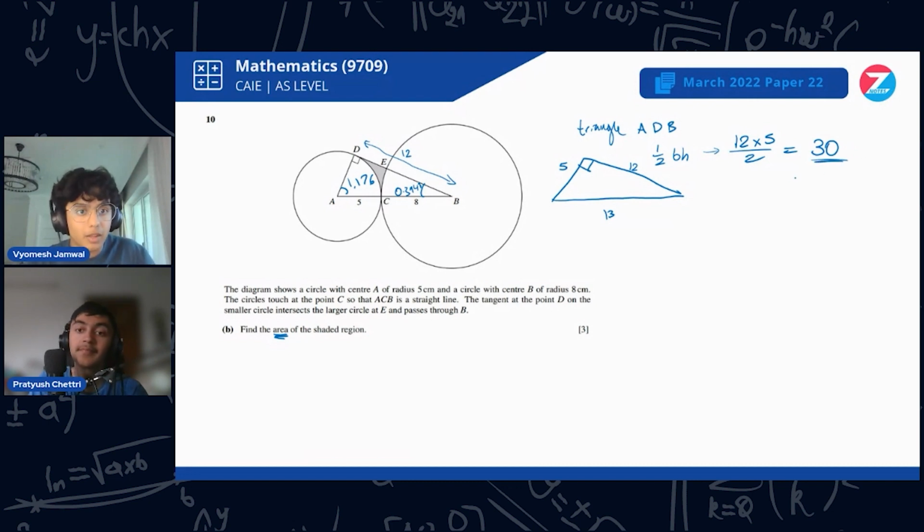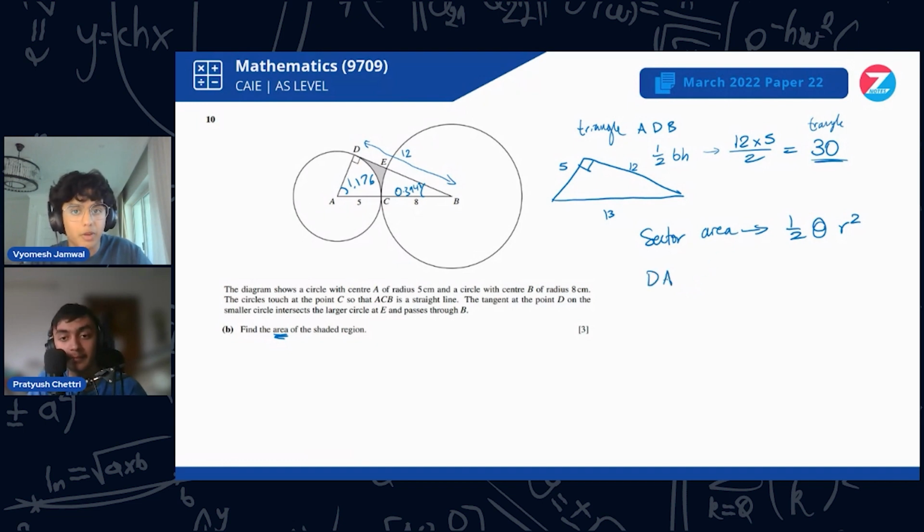And now we need to find the two areas of the sectors. And remember, what's the formula of the sectors? It is 1 upon 2 theta r square, right? And so for DAC, we're going to get 1 upon 2 times 1.176 times 5 square. And that will give us, let's calculate, 14.7.